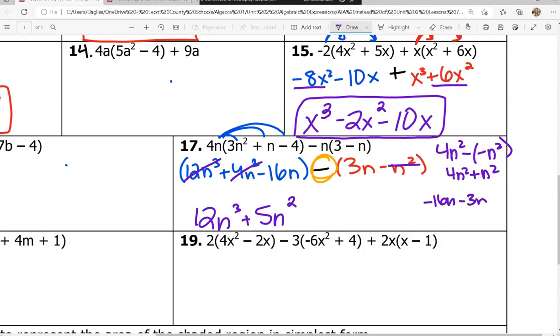Okay. So now when I combine those, what is negative 16 minus 3? Negative 19. So that becomes negative 19n. There we go. Good job. 19 is wonderful.